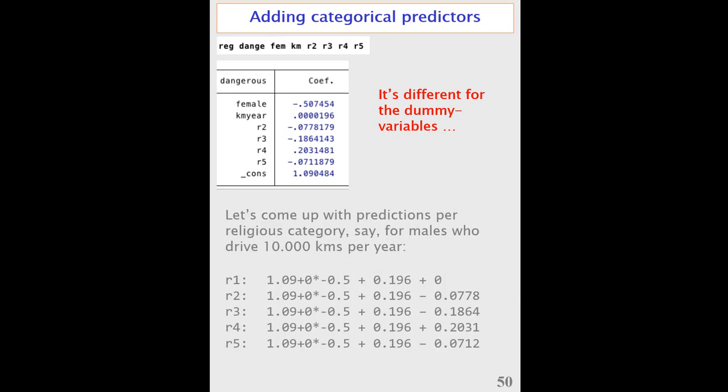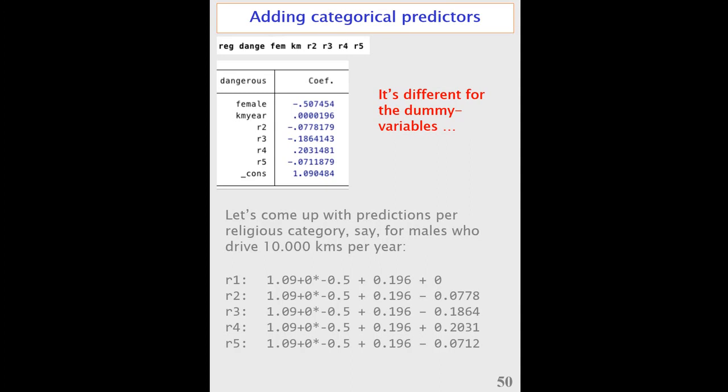Well, 1.09 is the constant over there, plus 0 times the minus 0.5, 0, because we are looking at males here, not the females, so this coefficient doesn't enter the equation, plus 0.196, that is 10,000 times this coefficient, plus, and then what? 0, because for category 1, R2 is 0, R3 is 0, R4 is 0, R5 is also 0.